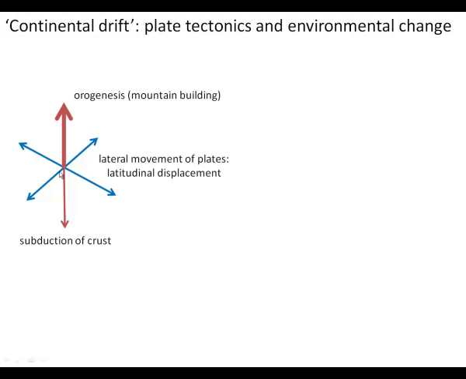And we've also got to think of the significance of episodes of orogenesis or mountain building, principally because of the way in which mountain belts and mountain chains can interrupt the flow of air streams through the atmosphere.